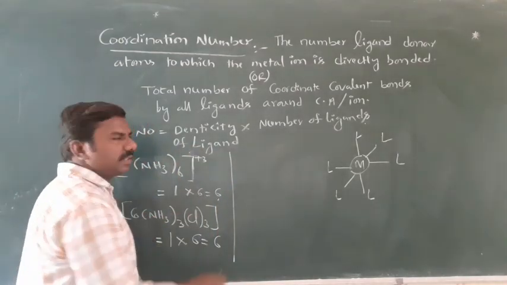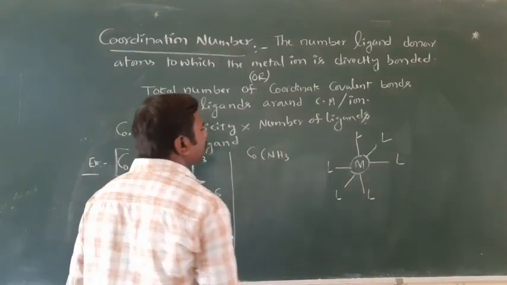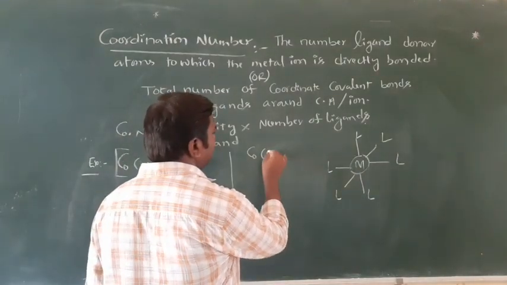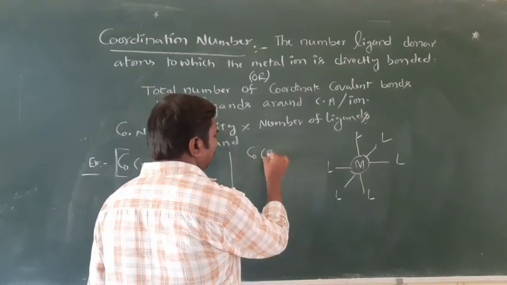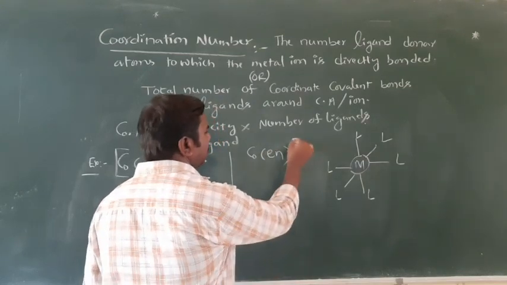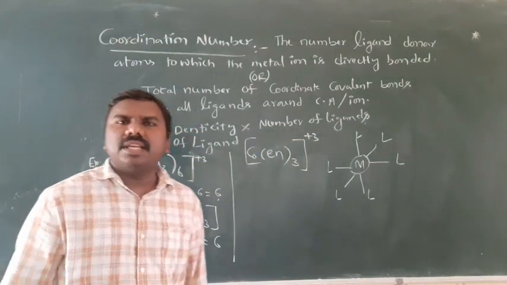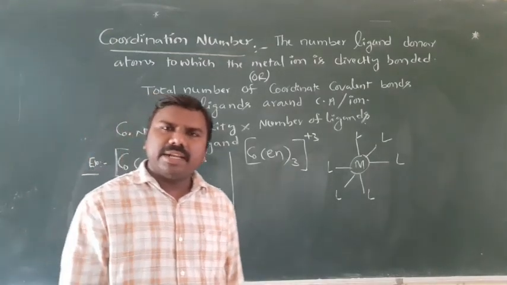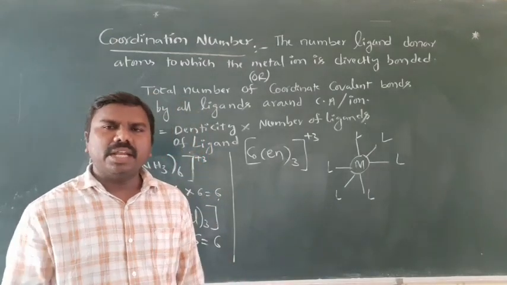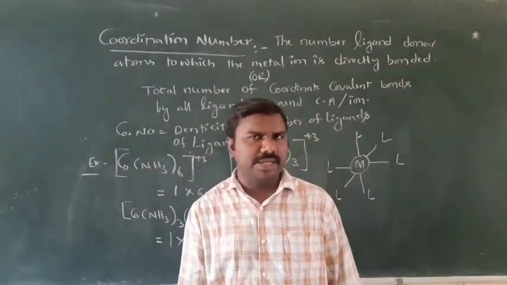Similarly, another example, [Co(en)3]3+. En is ethylene diamine. Ethylene diamine is a bidentate ligand, or didentate ligand. It can form 2 bonds, 2 donor atoms are there, that's why didentate.